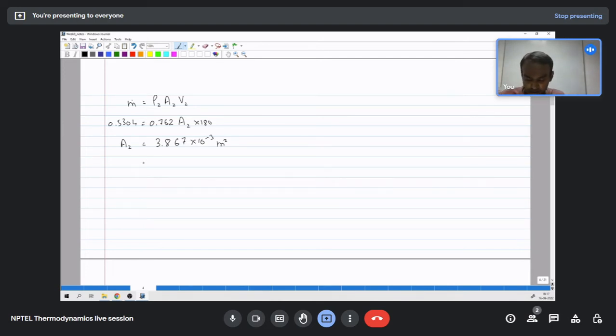So this can be written as 38.67 into 10 power minus 4 meter square, or 38.67 centimeter square. This is about the second problem.